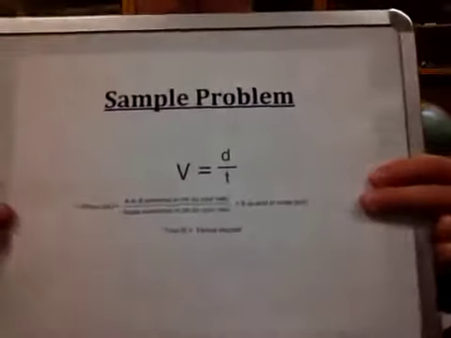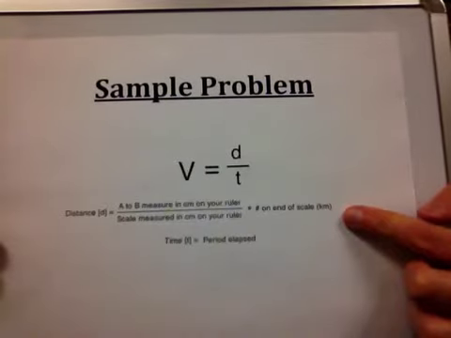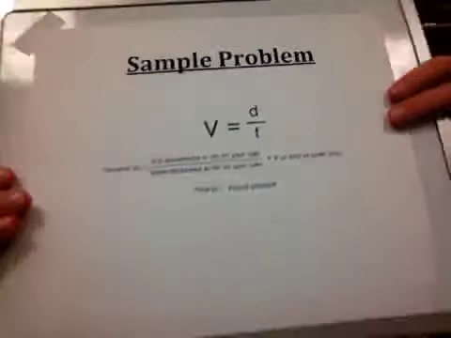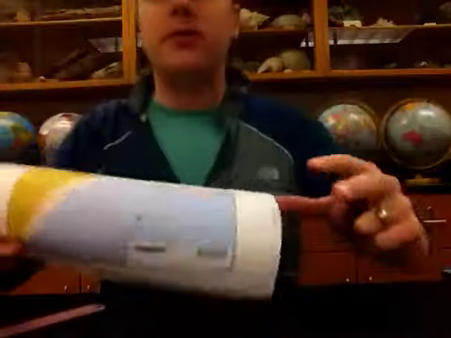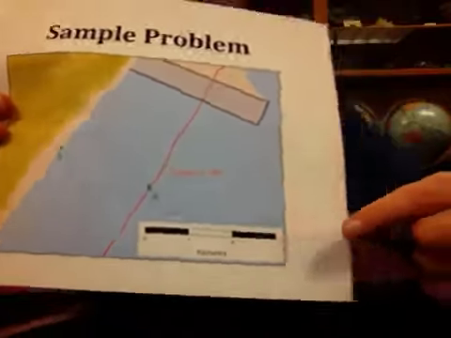And the last thing that we need to do to solve for D is to multiply that fraction we set up by the number on the end of the scale, which is looking at how many kilometers we measured with our ruler. And for this map, that is going to be 3. So we put that into our equation.